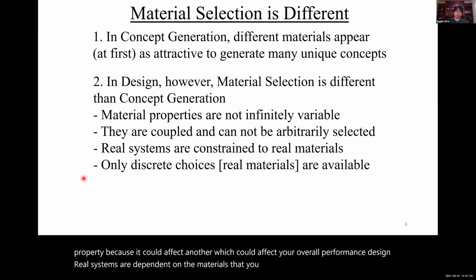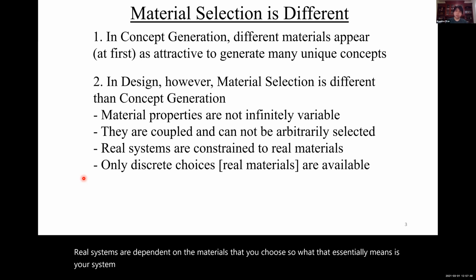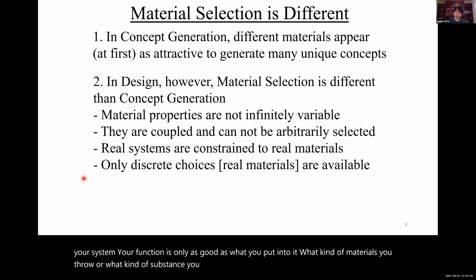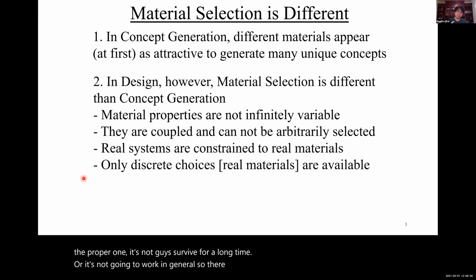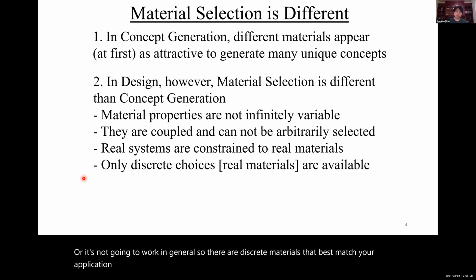So what that essentially means is your system, your function, is only as good as what you put into it, what kind of materials you throw in to keep it alive. And if you don't choose the proper one, it's not going to survive for a long time, or it's not going to work in general. So there are discrete materials that best match your application, and it differs from application to application.